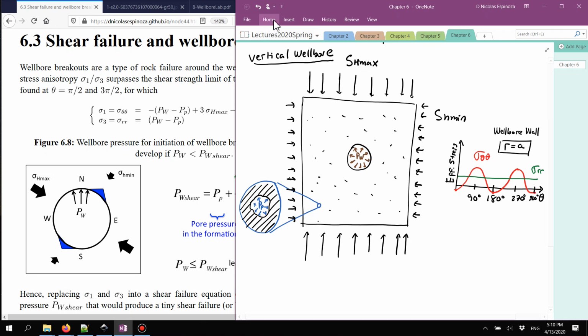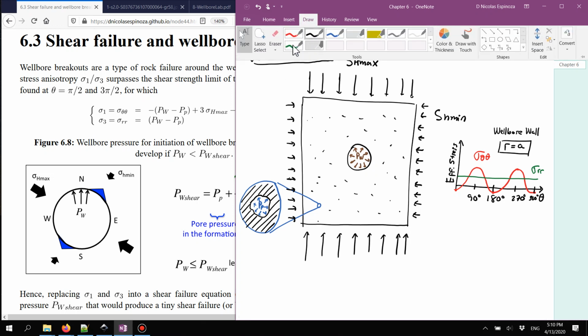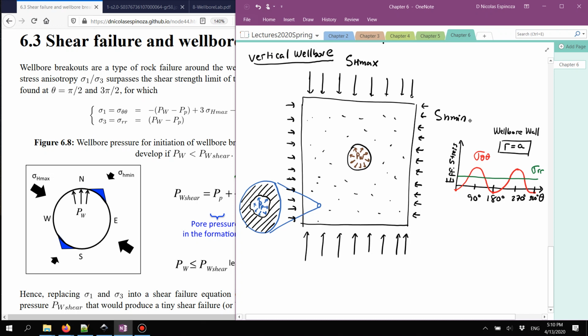And for breakouts, we're going to be interested in calculating the stresses at the points where we have the maximum compression stress. As we can see from this plot, this is going to be in the location where hoop stress is at its maximum, and according to this plot, it's going to be at an angle of 90 degrees from the line of the maximum stress.